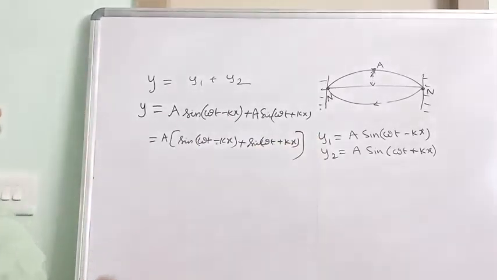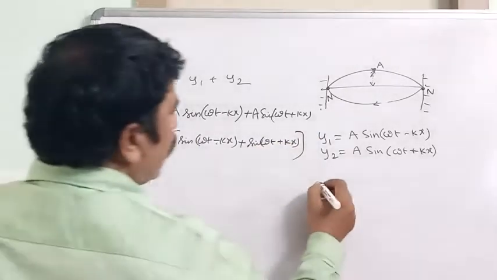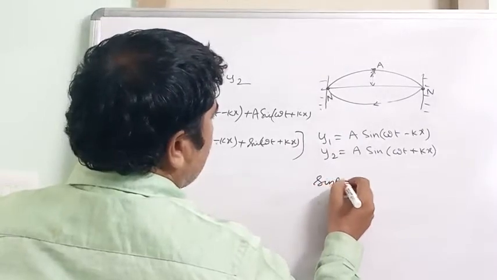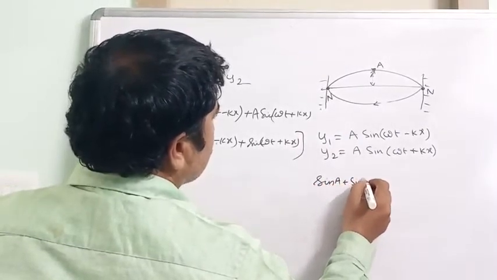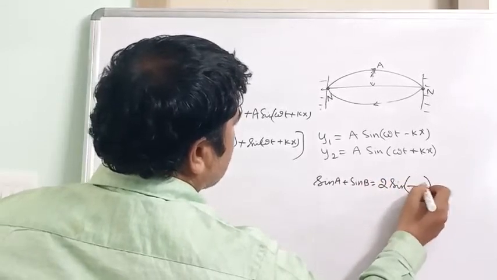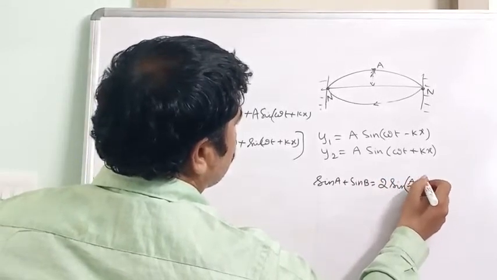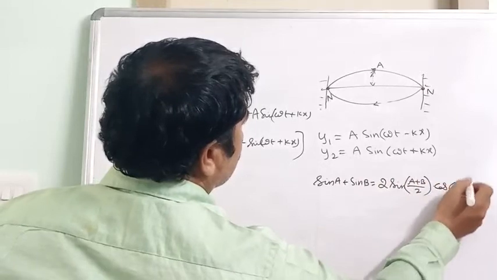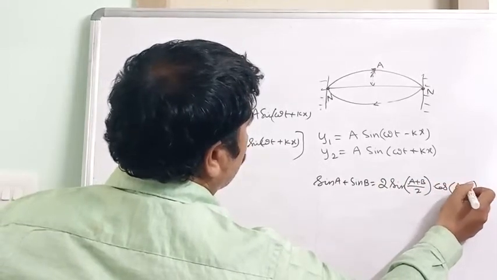It looks like the sin A plus sin B formula. We know the sin A plus sin B formula is 2 sin((A+B)/2) into cos((A−B)/2).